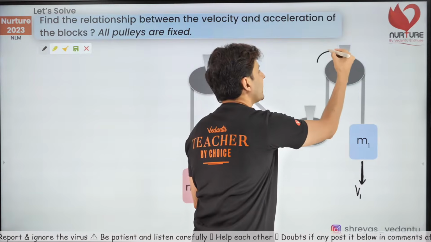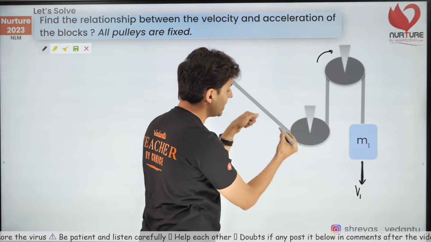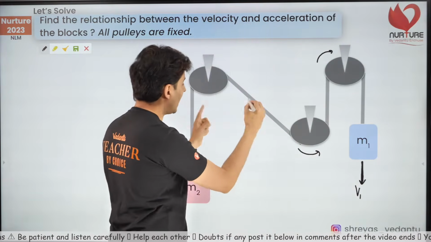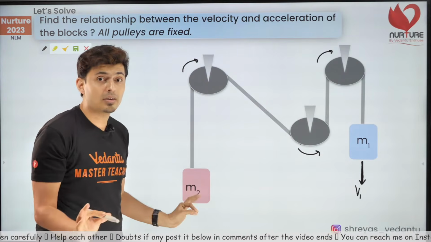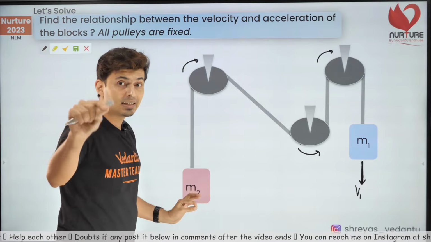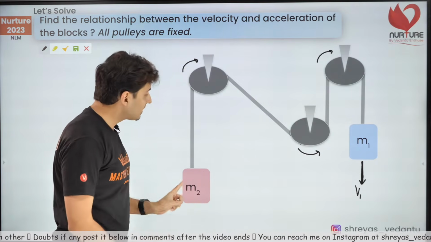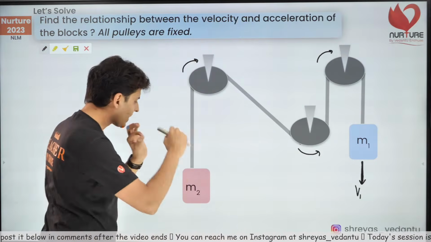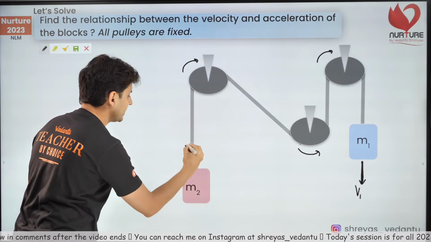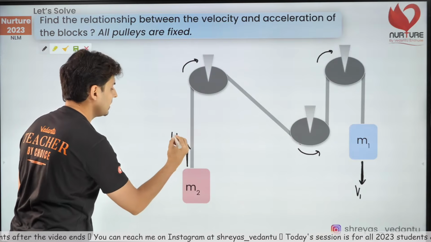The string will go over it. If it gets pulled from here, the string will come like this, and then the string will go over this like this. So M2 has no other option. It's constrained, it's restricted, because it's connected via a string over the pulleys. So M1 goes down, M2 has to go up. Undoubtedly, this is non-negotiable again.